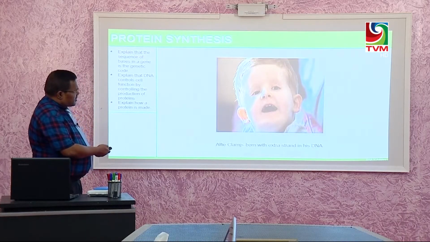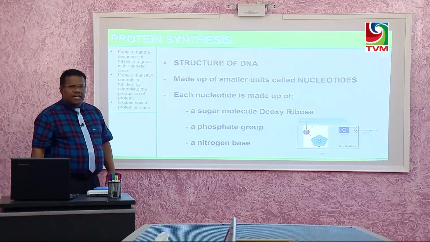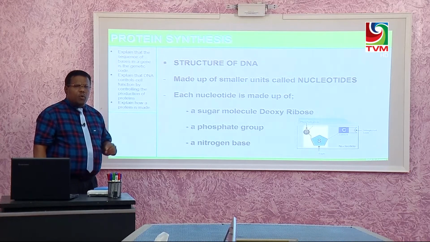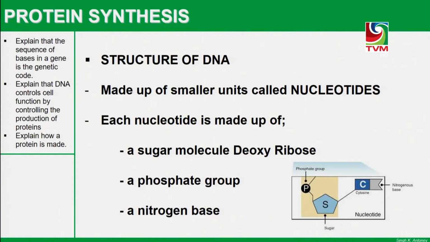Now coming to the structure. I have already told you that DNA is made up of two strands which are spirally twisted together, and according to their model, DNA is made up of smaller units called nucleotides.